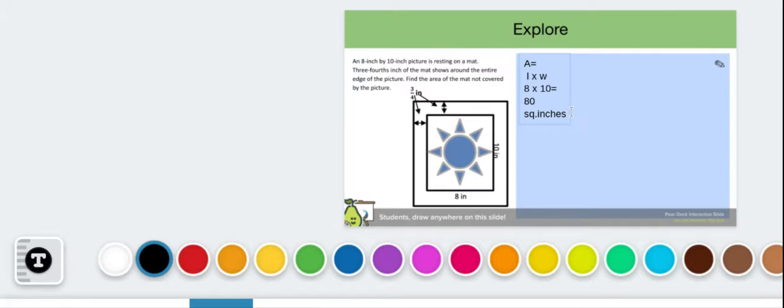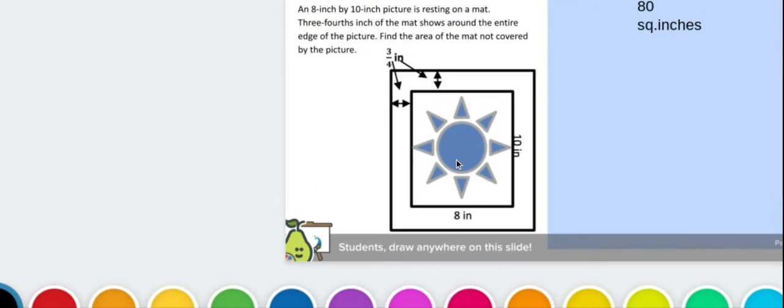Okay? So we get 80 square inches. So there we have it, 80 square inches. So that is the area of this figure.